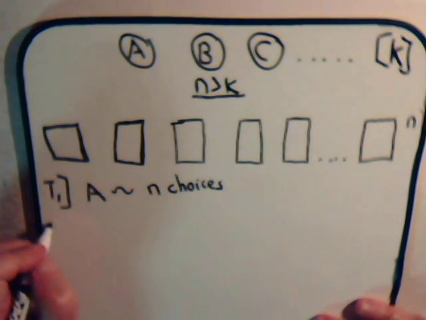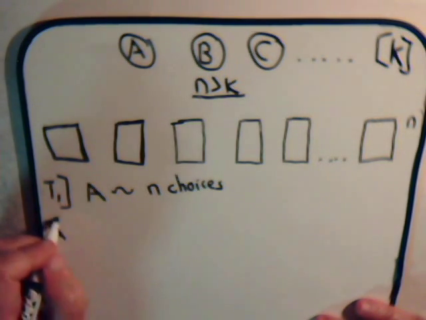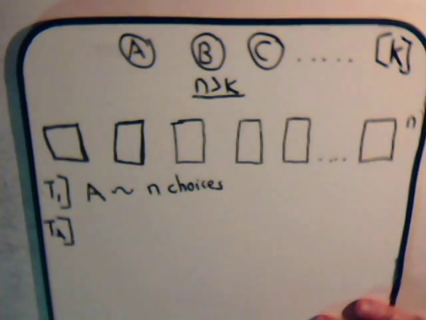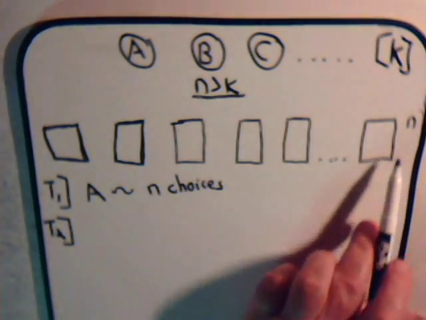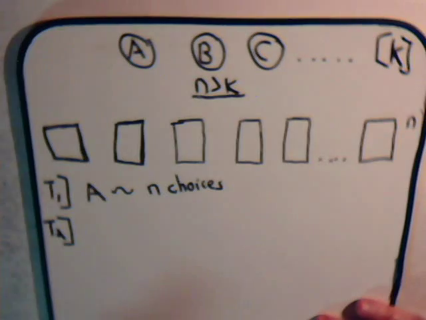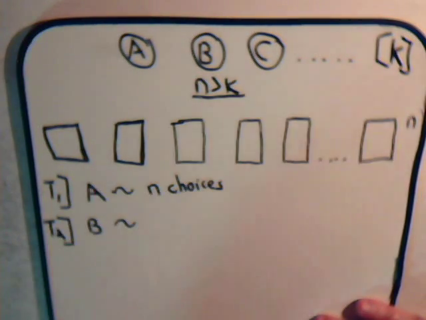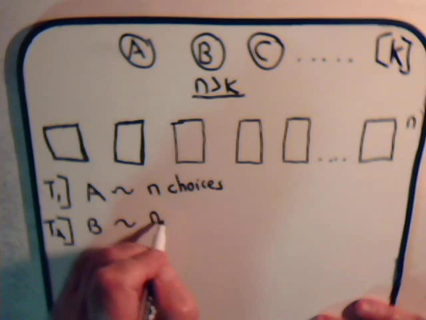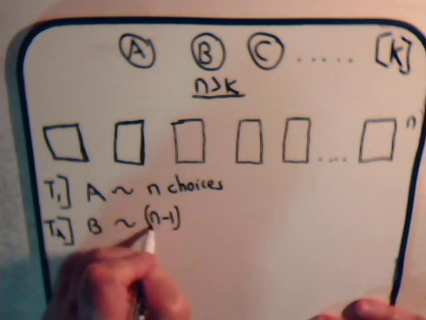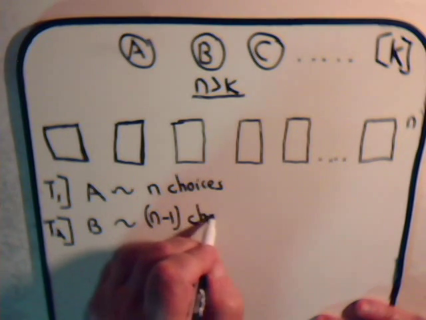Then our second task, once this is completed, is to select object B and put that into one of the empty boxes. Now, A has already occupied a box, so for object B we have n minus 1 empty boxes available.